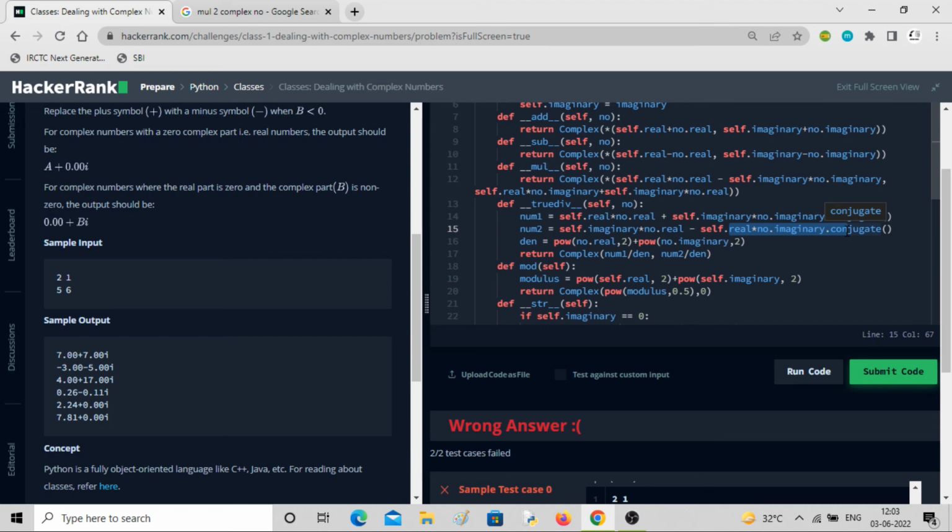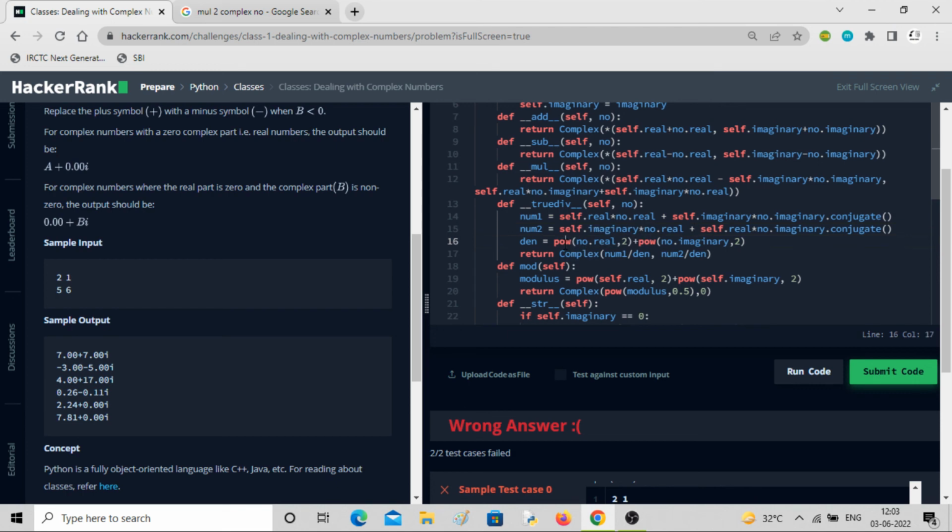Okay, so that conjugate will take care of this minus sign if it has to be. So you can try different things, like real into imaginary, imaginary into real, so you'll see the difference. Okay, so let me do plus only so that you will see.